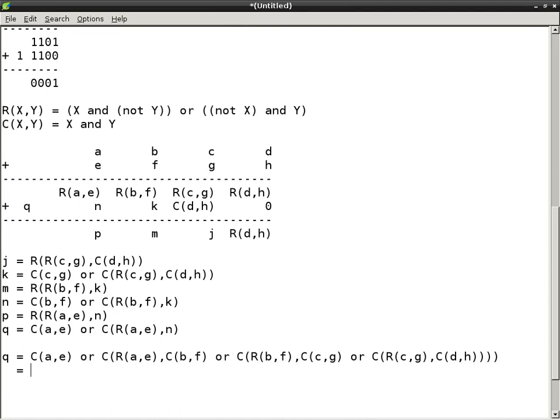So you end up with one pretty long logical expression, and then you simplify it. When you simplify it, you'll be decreasing the number of operators, and as a result, you'll be decreasing the propagational delay in order to come up with bit Q. It's not going to take the propagational delay of 4 full adders anymore.